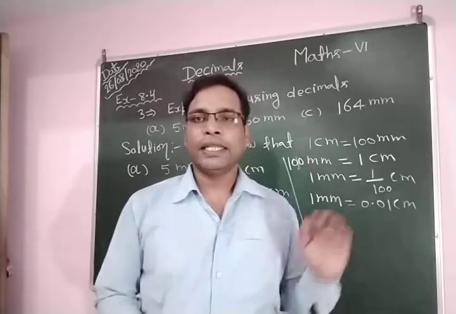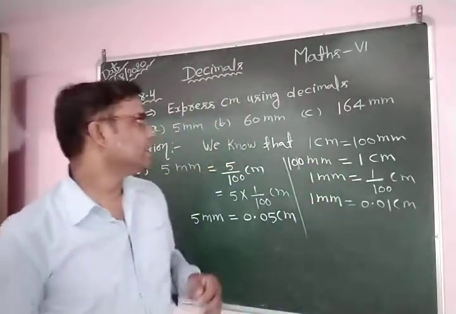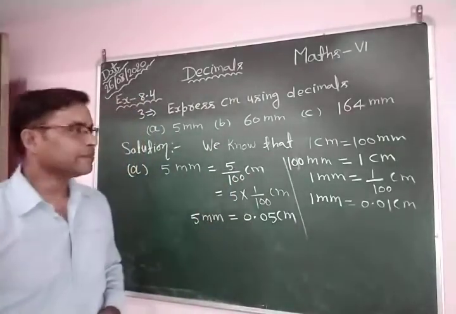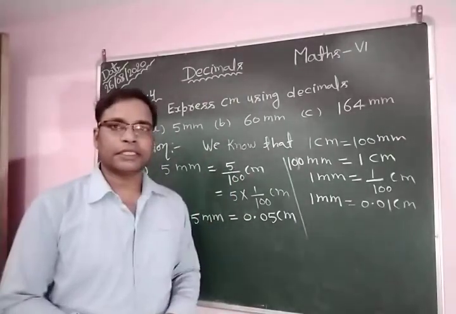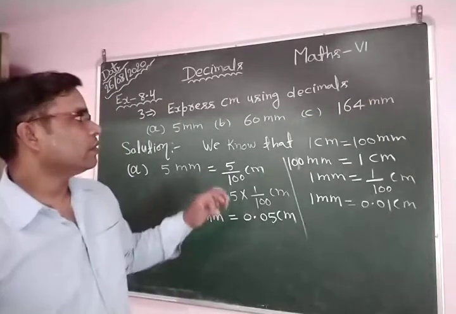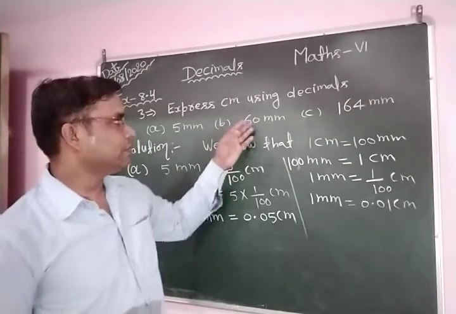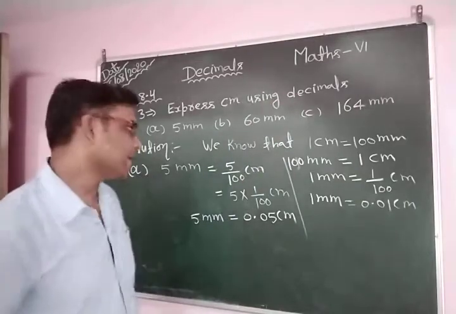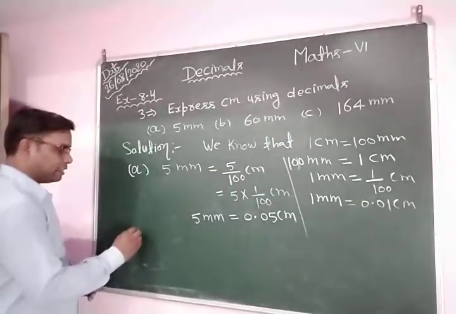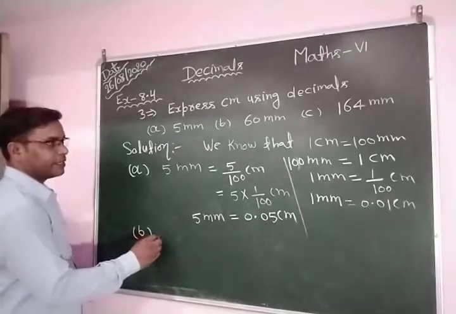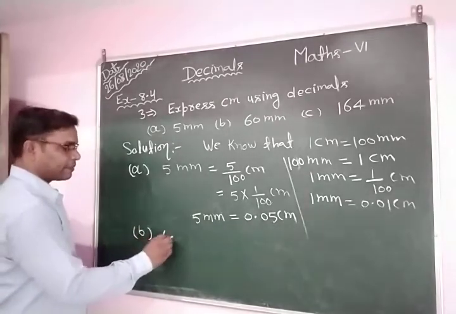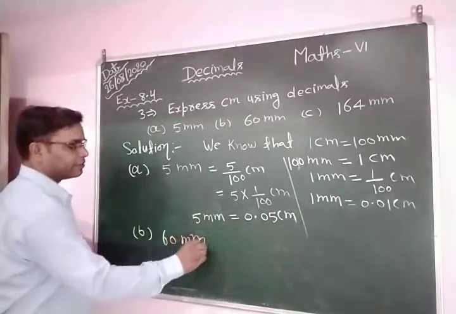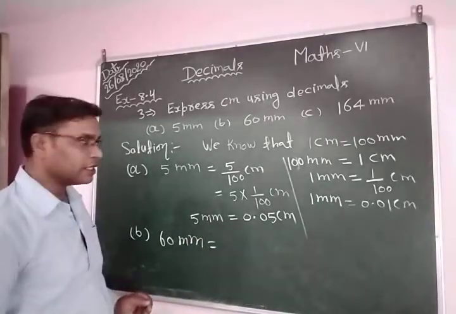So now we convert this millimeter in centimeter using decimals. This is the B part: 60 millimeter is equal to how many centimeter?